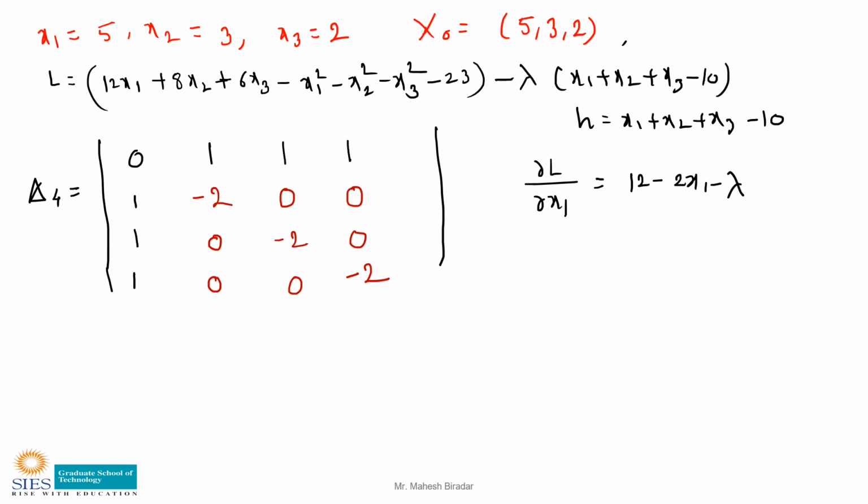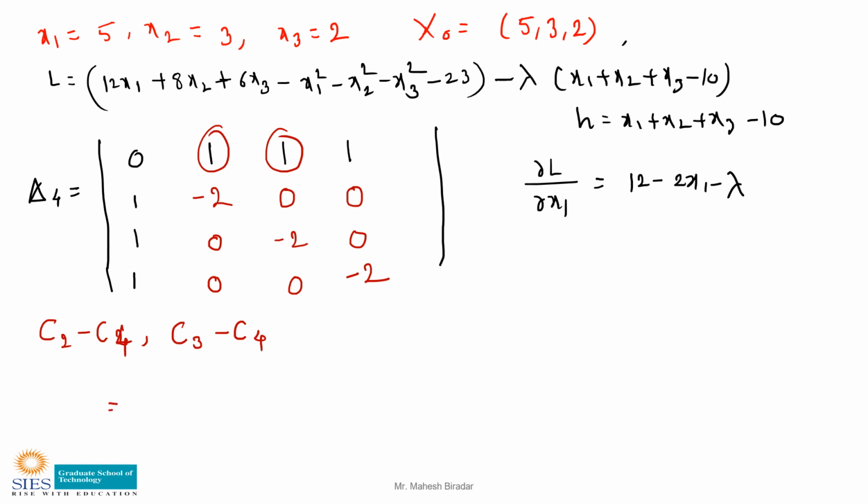Now we will find the value of delta 4 and delta 3. To calculate the determinant of delta 4, first of all, I'm going to use some column transformation. It is easy to find the determinant this way. I'm going to subtract C2 from C4 and C3 from C4, which means I'm going to use C4 and modify C2 and C3.